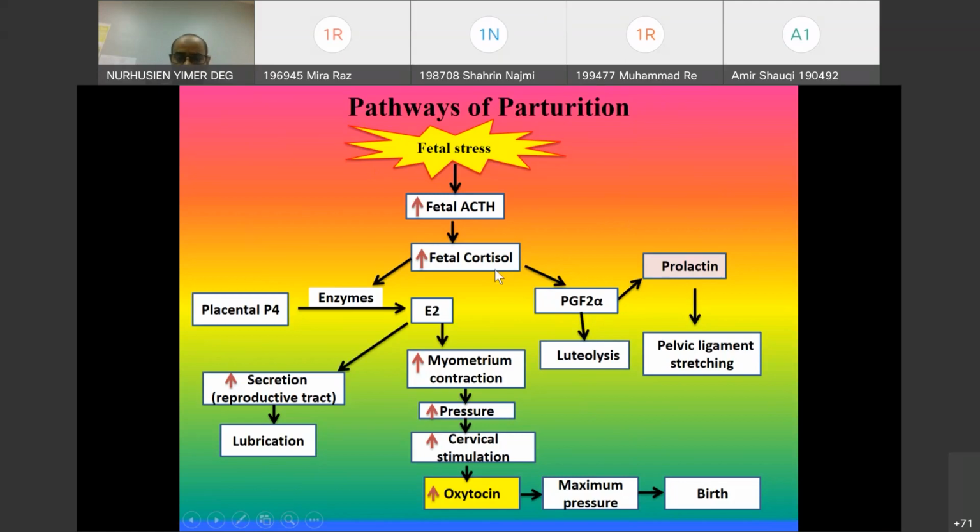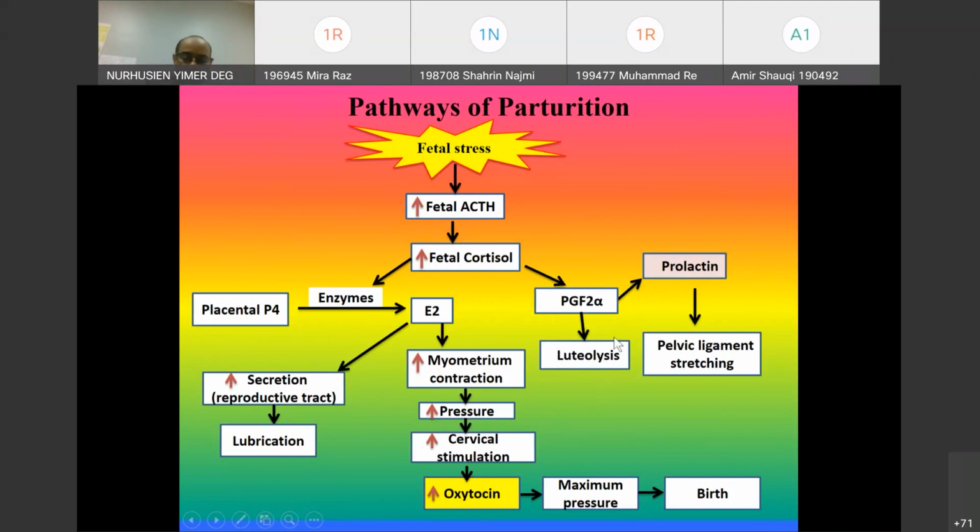One of the factors required for that process is cortisol. It will go to the receptors on the endometrium within the uterus, and this cortisol will trigger interferon tau and other signaling molecules, which then lead to the release of prostaglandin by the endometrium. Ultimately, this prostaglandin will go to the corpus luteum to induce lysis or regression.